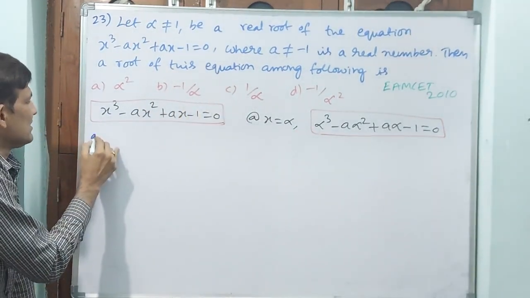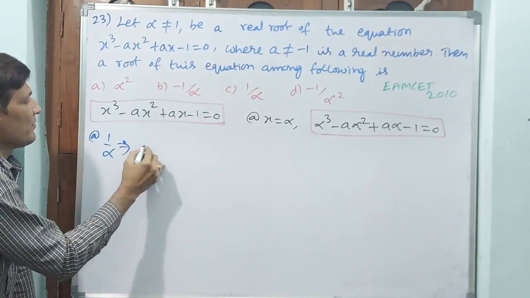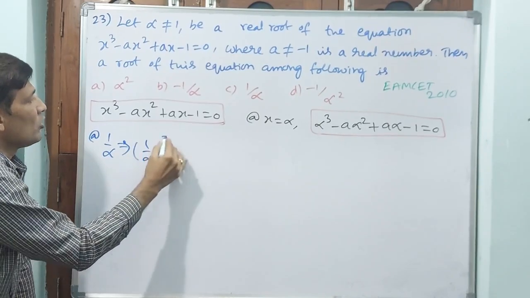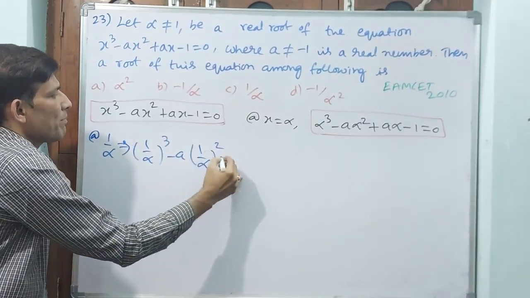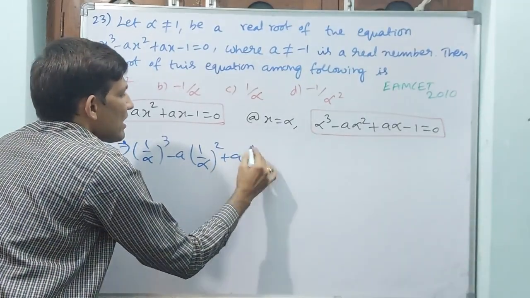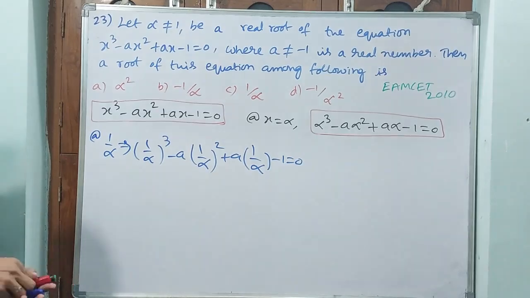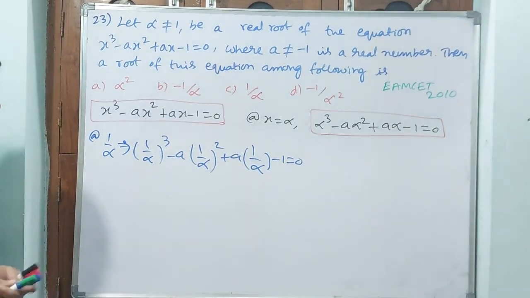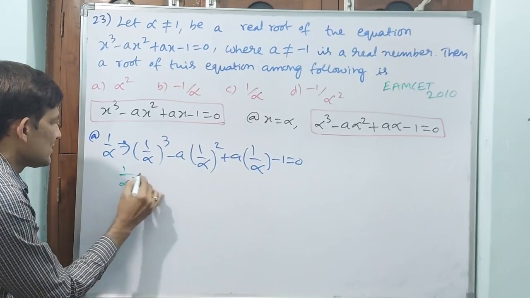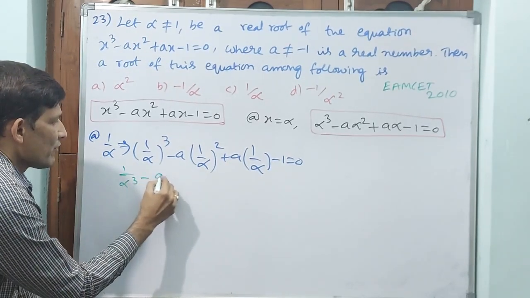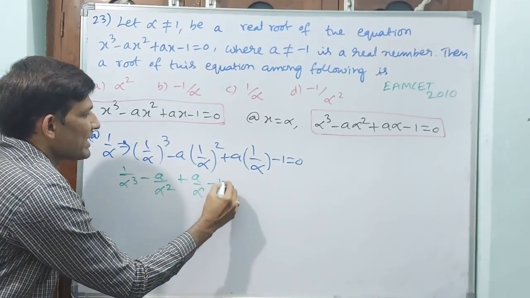At x equal to 1 by alpha, it implies (1 by alpha) whole cube minus a (1 by alpha) square plus a (1 by alpha) minus 1 equal to 0. That is 1 by alpha cube minus a by alpha square plus a by alpha minus 1 equal to 0.